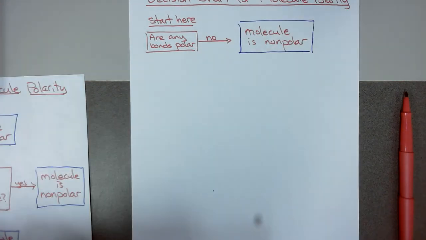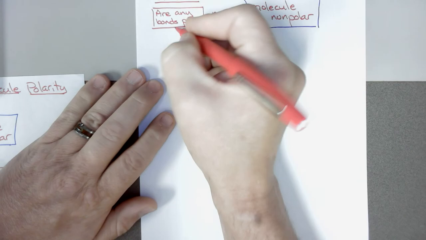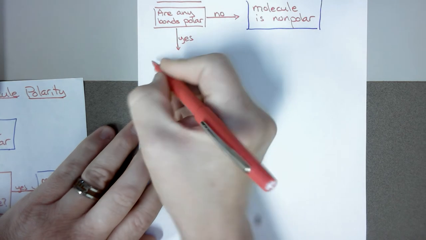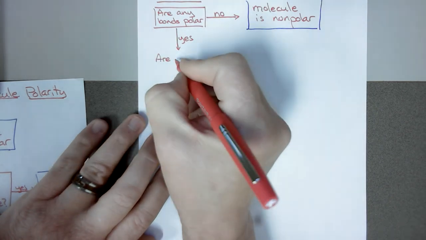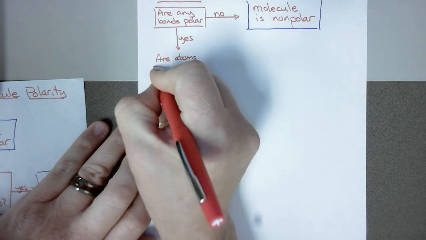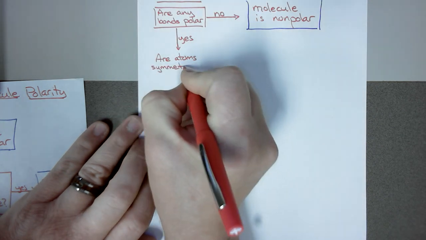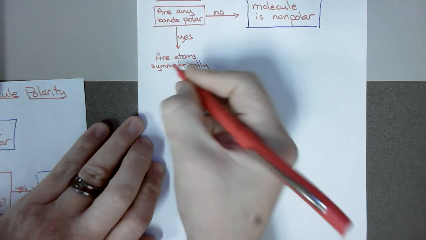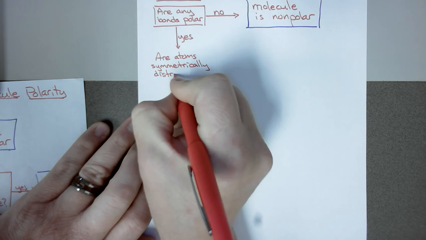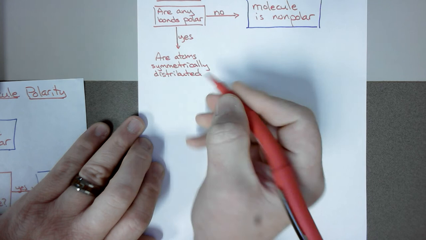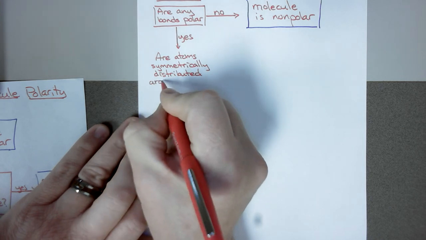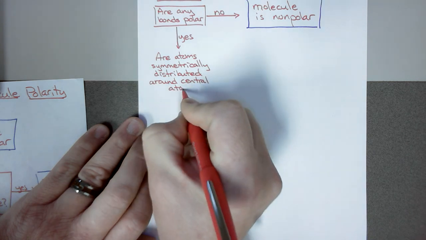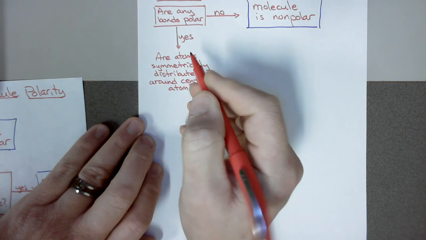Now, if there are polar bonds, so yes, we have polar bonds, well, then the next thing we have to ask is: are atoms symmetrically distributed around the central atom? So that's our next question.